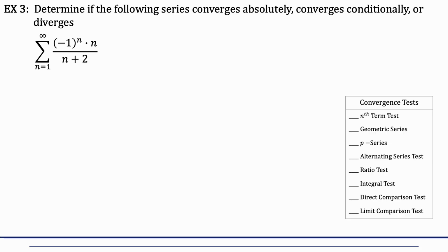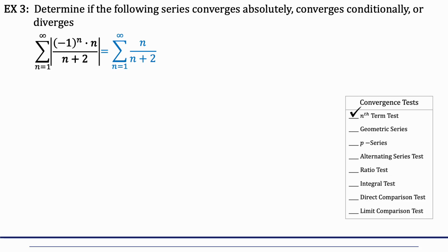Pause the video and try this one on your own. We have an alternating series, so the first step would be to take the absolute value, and then we get n over n plus 2. Which test would you test that one on? Now, don't forget about the nth term test.